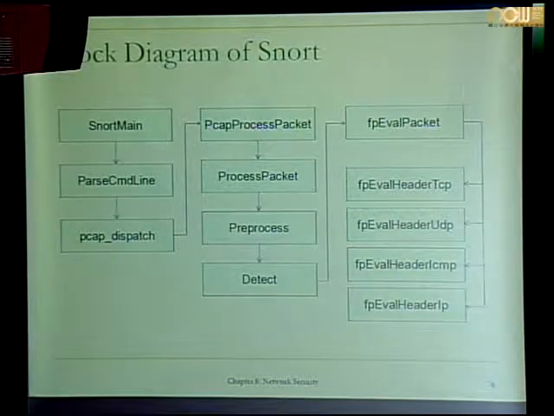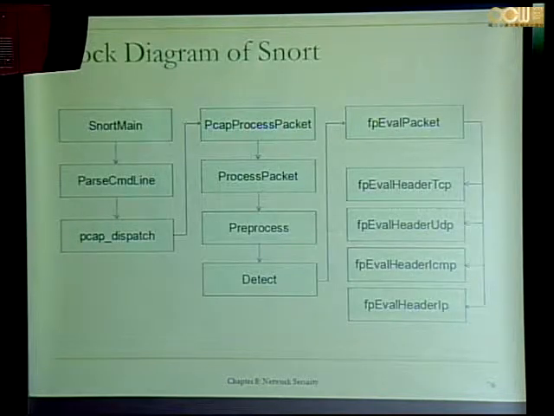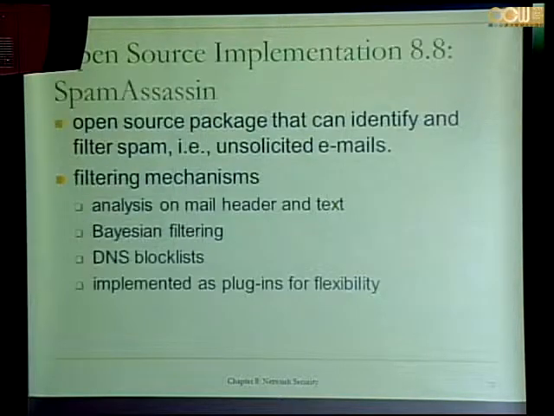And here's a block diagram of Snort. It basically does reassembly and then does matching against the signature database, mostly on the application headers. Mostly on the application layer, only a few on the application payload, but mostly on the application headers.